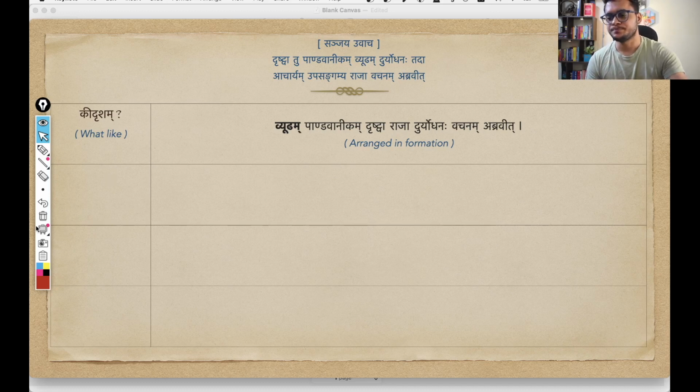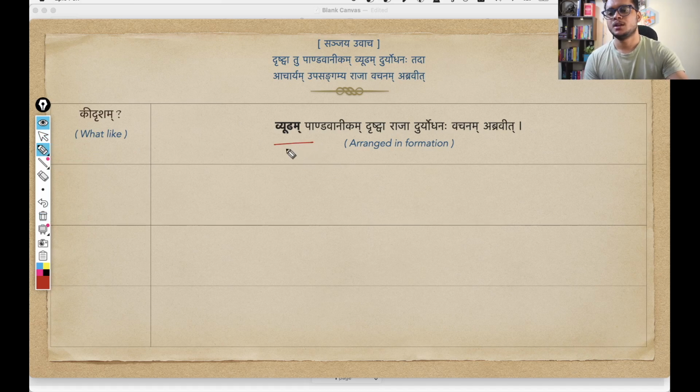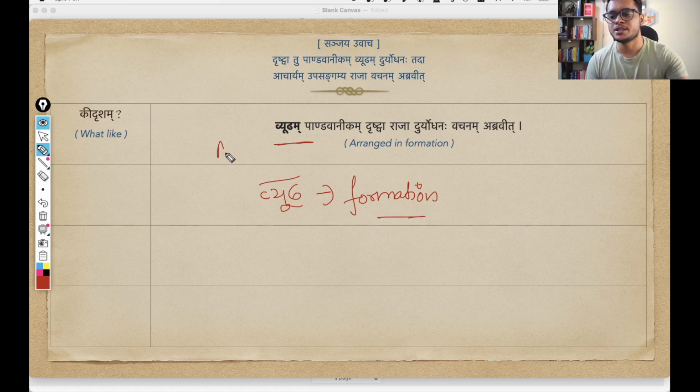That's why Kidrisham. And in response, the answer comes Vyudham. Now this word Vyudha means formation, or something that is arranged in a formation. Having seen the army of Pandavas that was arranged in a formation. So Kidrisham, Vyudham. Vyudham simply means formation and it is an adjective.